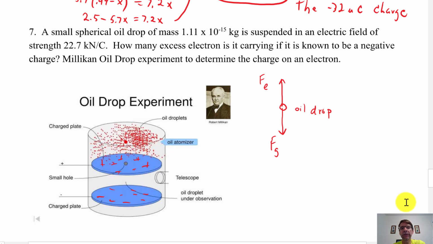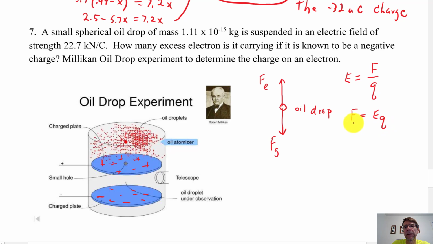Now here's something interesting. First of all, it's something we haven't done yet. Here was the first thing we did in Unit 18C, the page of notes before this, the definition of electric field strength. E equals F over Q. Well, if E equals F over Q, then if you solve that for F, F equals EQ.